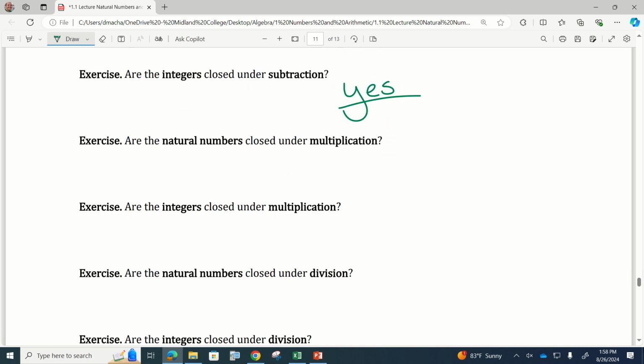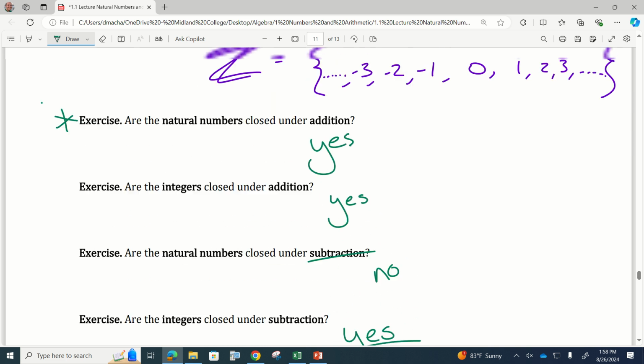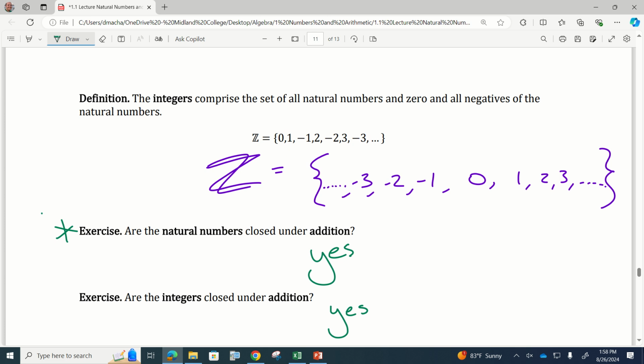Are natural numbers closed under multiplication? Yes, they are. Are integers closed under multiplication? Would you just get negative? The integers is not just negative numbers, though. The integers contain the negative numbers and the positive numbers.